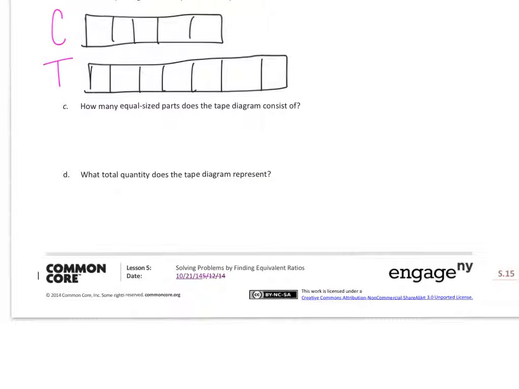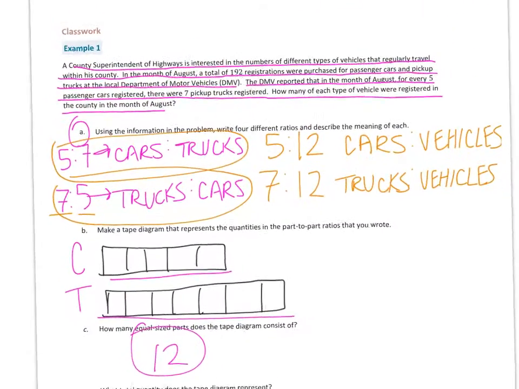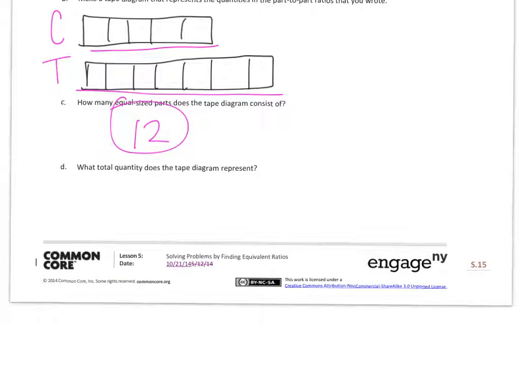How many equal-sized parts does that tape diagram consist of? 5 here, 7 here, for a total of 12. So what total quantity does the tape diagram represent? Look back up at our problem. Okay, the total number of vehicles registered in August.